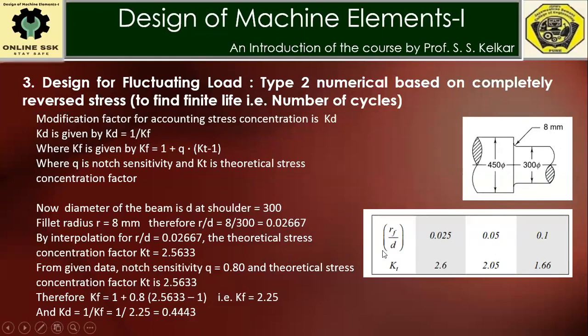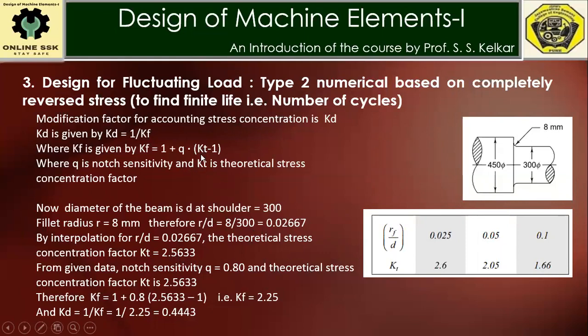So here we need to employ the principle of interpolation. We have to interpolate the value of r upon d as 0.026, in between the range of 0.025 to 0.05. So Kt will be in between these two values. After interpolation, we can calculate the value of Kt as equal to 2.5633.